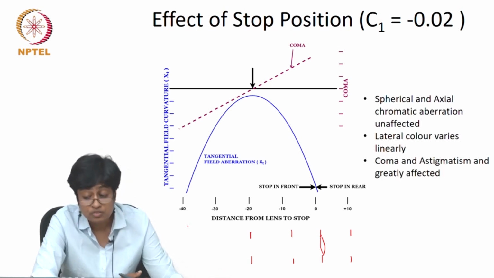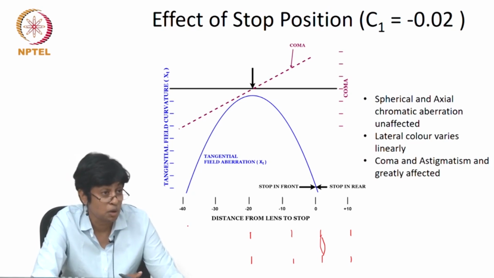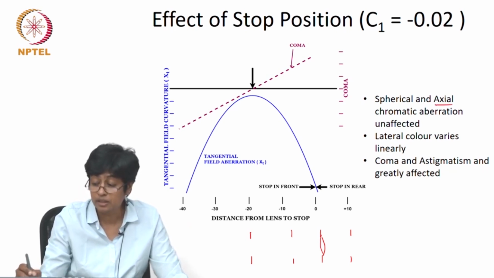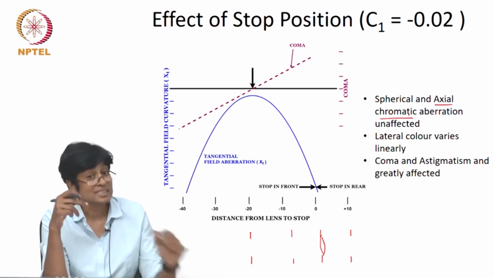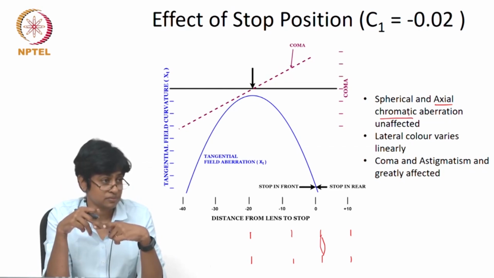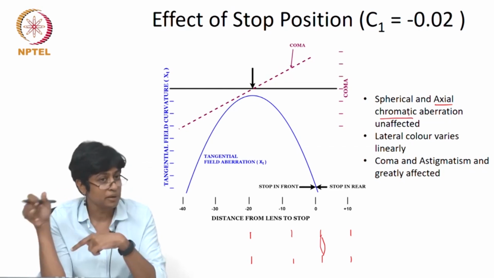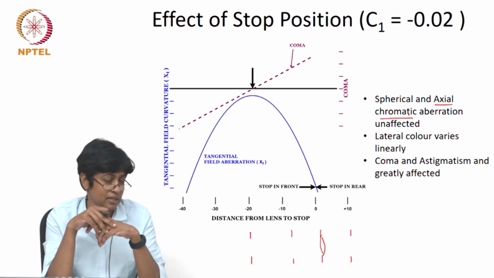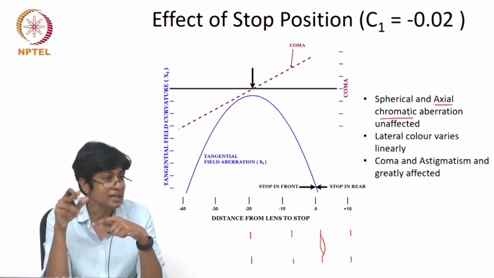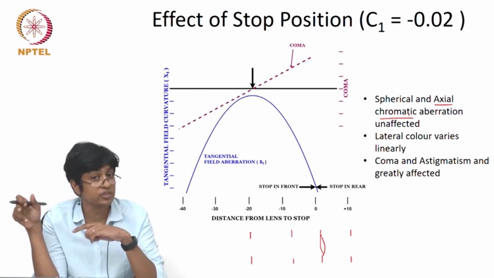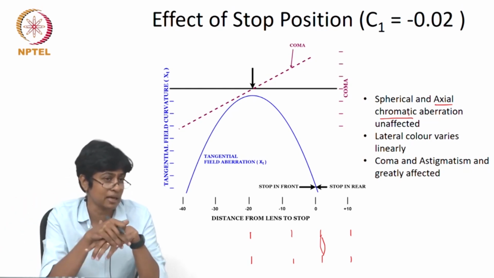So spherical aberration and axial chromatic aberration are unaffected by the stop position. Axial chromatic aberration is affected by the size of the stop, right? If I were to change the size of the stop, I would affect the axial chromatic aberration. So, stopping down a system is one way of reducing the axial chromatic aberration.